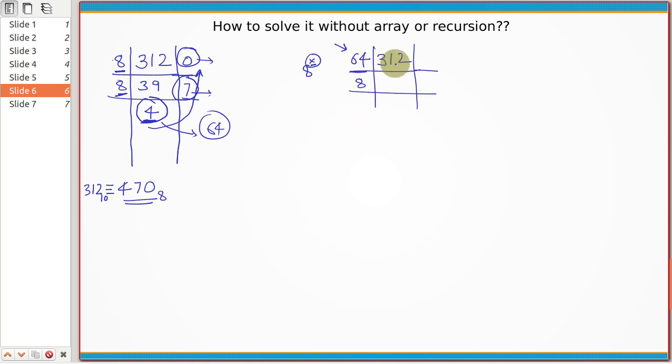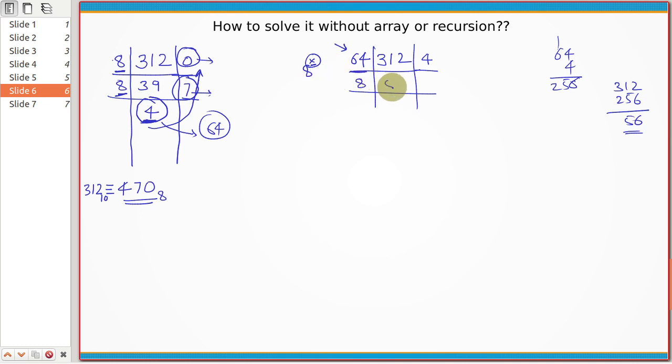So if you divide this 312 by 64, what do you get? The answer you get is 4, right? And what is the remainder? So 64 4s are, what is that? 256. So if you remove 256 out of 312, then you get 56.